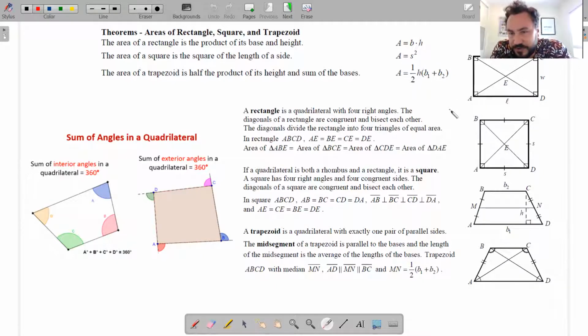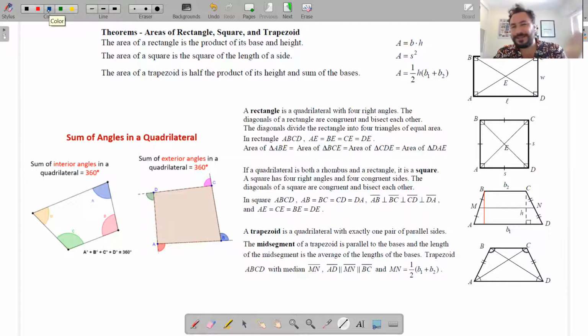Let's say that you don't remember this formula. It's okay. At the end of the day, a trapezoid is just a rectangle with two triangles next to each other. So you will need to find the area of this triangle, the area of this triangle, and then the area of this rectangle. It's doable.